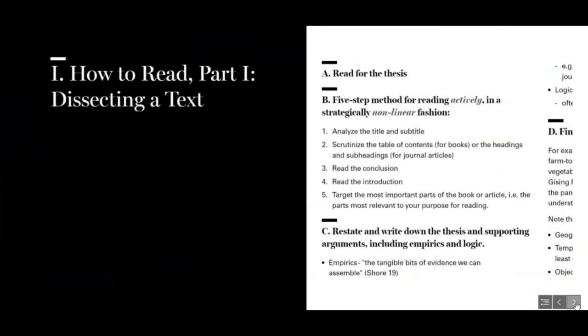So let's say you're just looking for particular information about this specific period in history. Then you find an article about the history of land reform in the Philippines since the early 19th century.